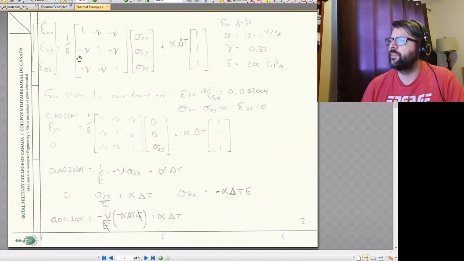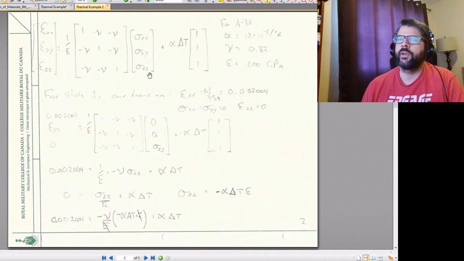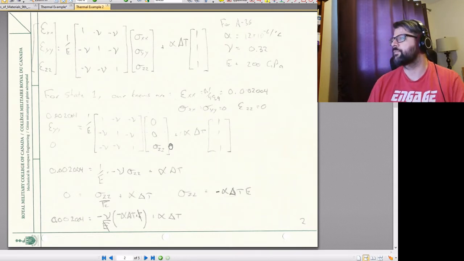So we need to basically figure out what sort of stress would need to be applied to the block in order to counteract that expansion effect. And then once we do that, we can figure out what effect that will have on the expansion in the other directions.